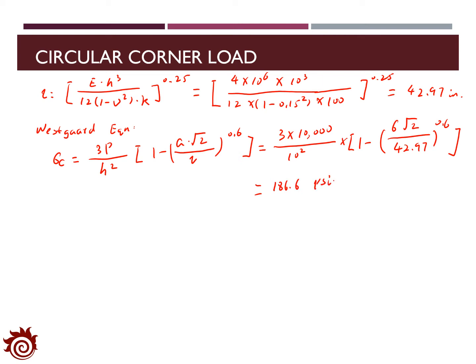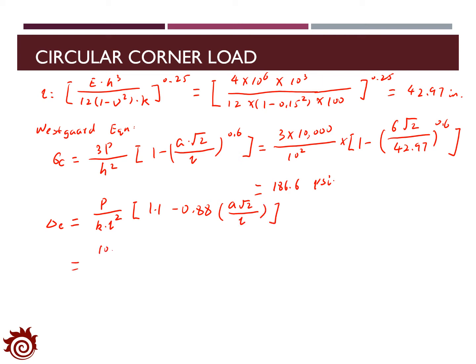And for the maximum deflection at the corner, we have delta c as P divided by K times L squared times (1.1 minus 0.88 times a square root 2 divided by L).